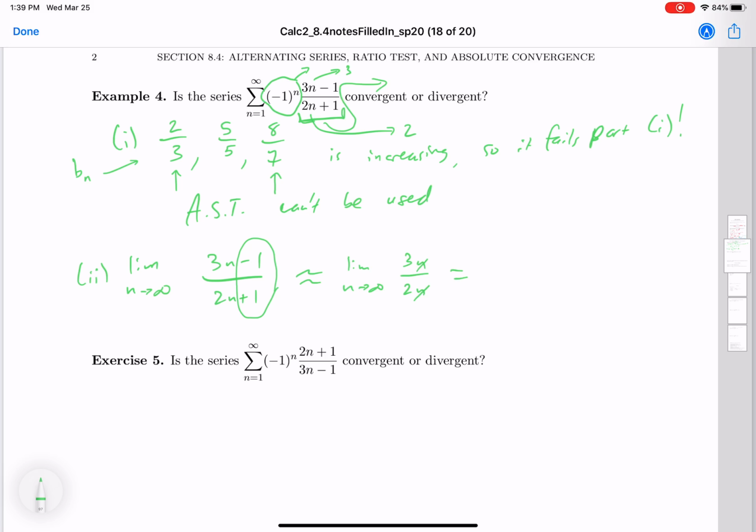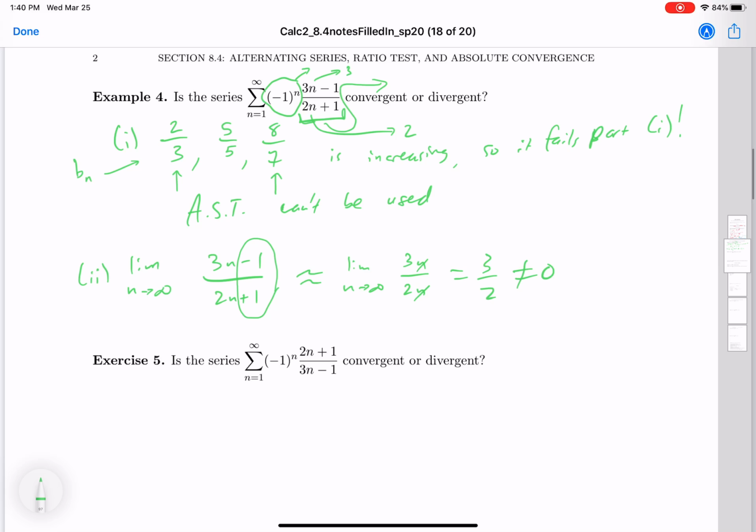The n's are going to cancel. That equals 3/2. In particular, that's not equal to 0. So if the terms of your sequence are not going to 0, then your series diverges by the test for divergence. So the series diverges by the test for divergence.